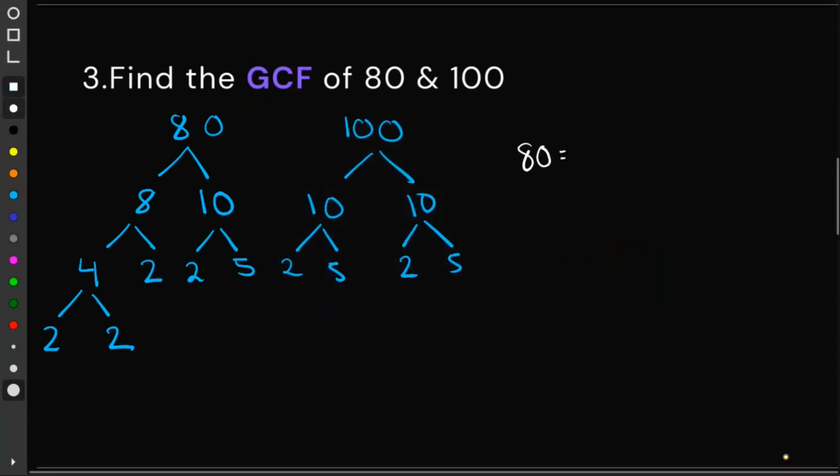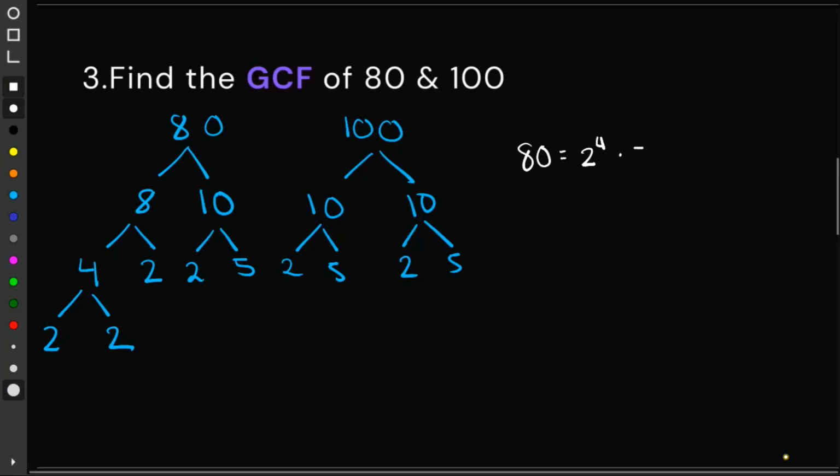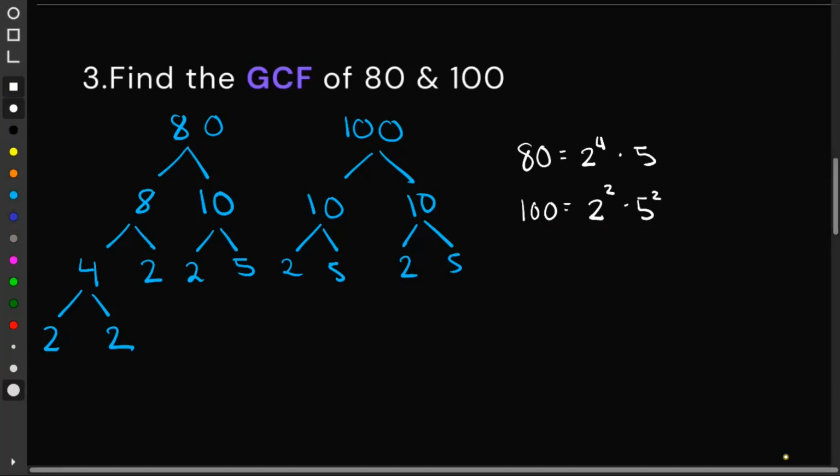So for 80, we have 2 raised to 4 times 5. For 100, we have 2 squared times 5 squared. Now note that in getting the GCF given the prime factors, what we get is the one with the lower exponent.